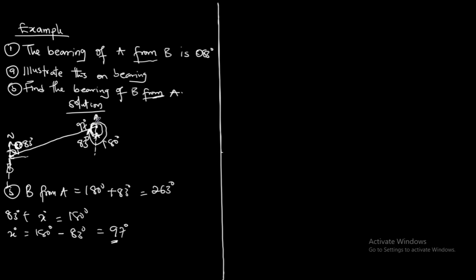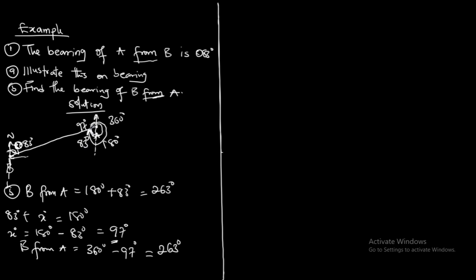Now, if from this point to this point is 97 degrees, and from this point down to this point is 360 degrees, that's a full turn, we can get from this point to this point by subtracting 97 degrees from 360 degrees. So B from A will equal 360 degrees minus 97 degrees, and that will give us 263 degrees.